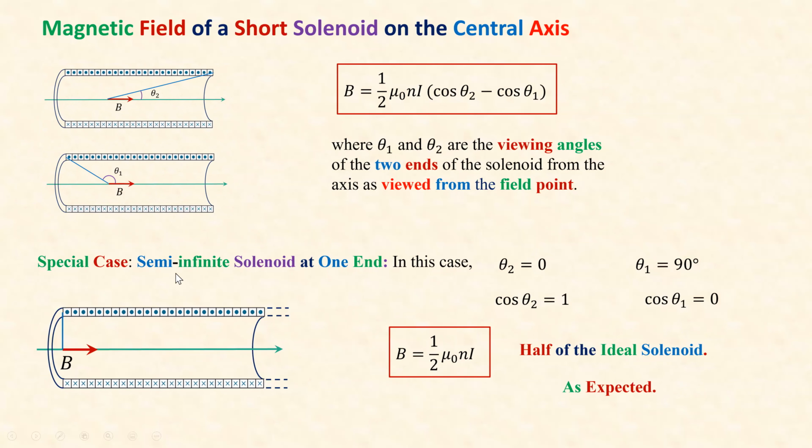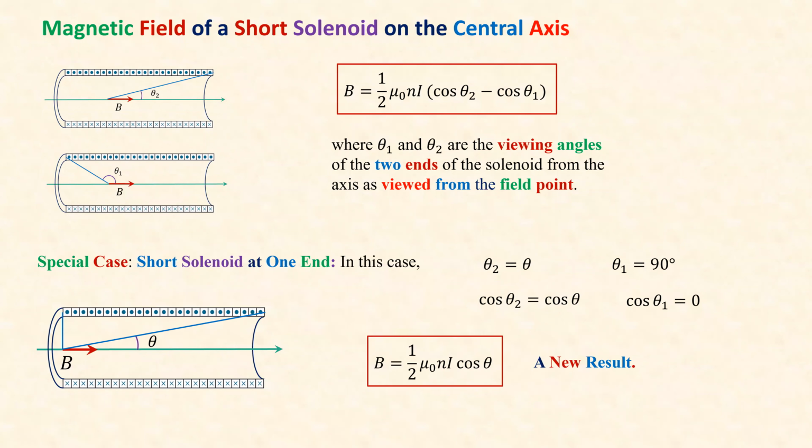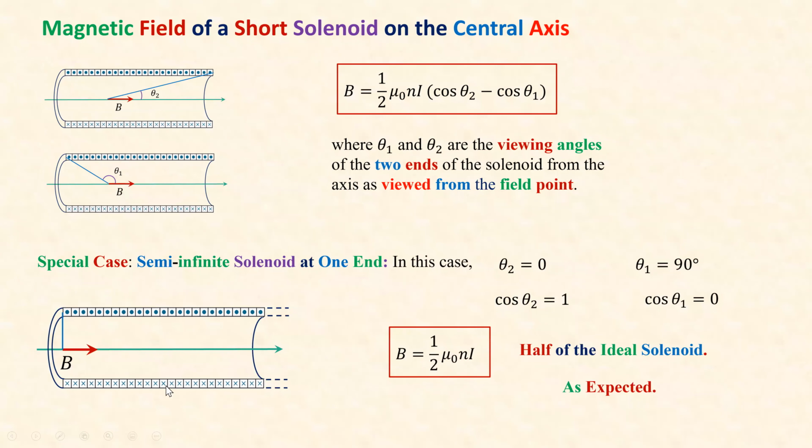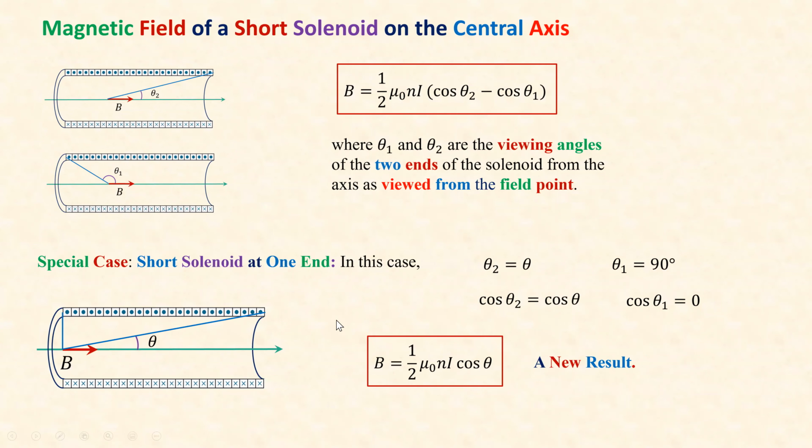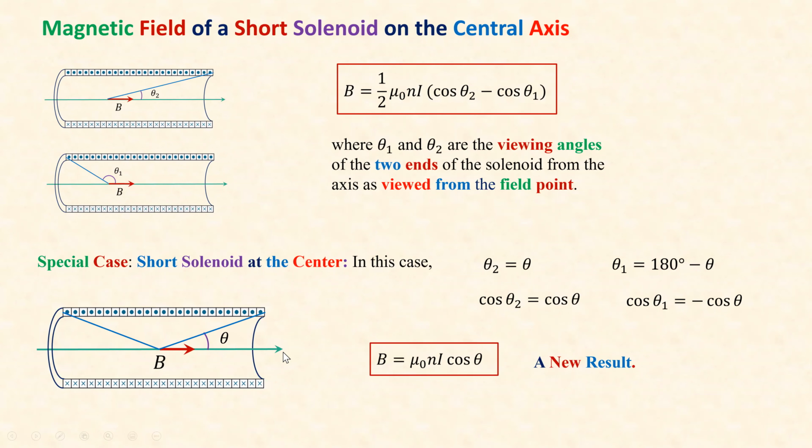And if you have a semi-infinite solenoid, then you get this half of that ideal solenoid, as we expect, where the field point is at one end. And if you have a short solenoid at one end, you get 1/2 mu naught N I times cosine of the viewing angle of that other end. And if you have a short solenoid at the center, which is the same as that figure, it is mu naught N I times cosine of theta.